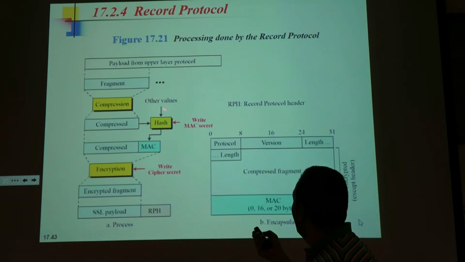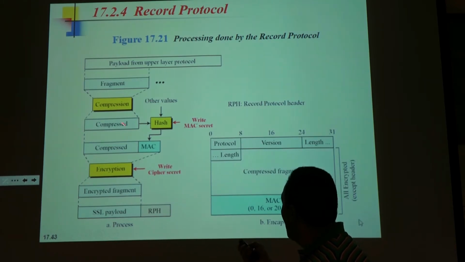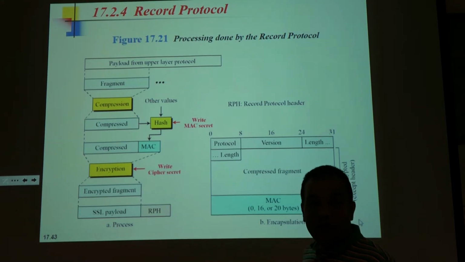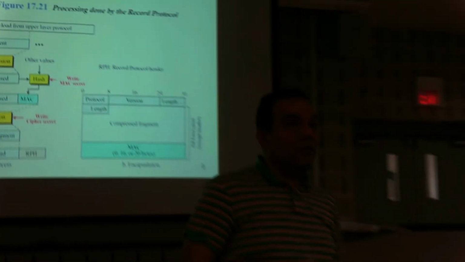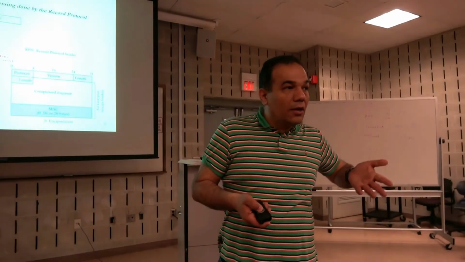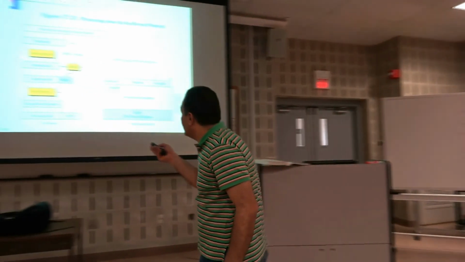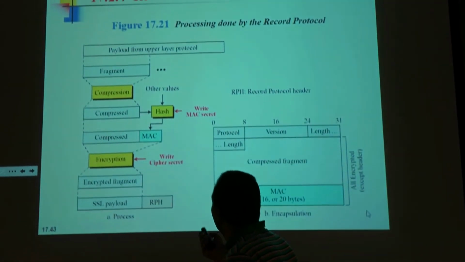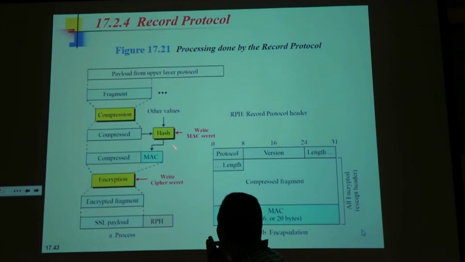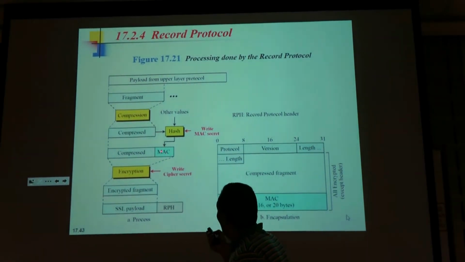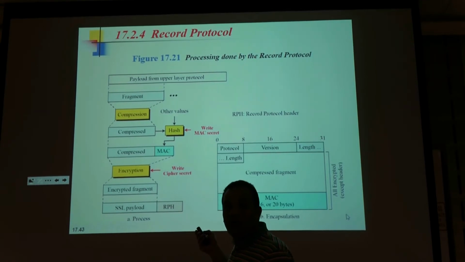Then with the write MAC secret, you take the compressed data, create a hash, and add it as a MAC in here. This is for message integrity and authentication. What is the MAC in here?